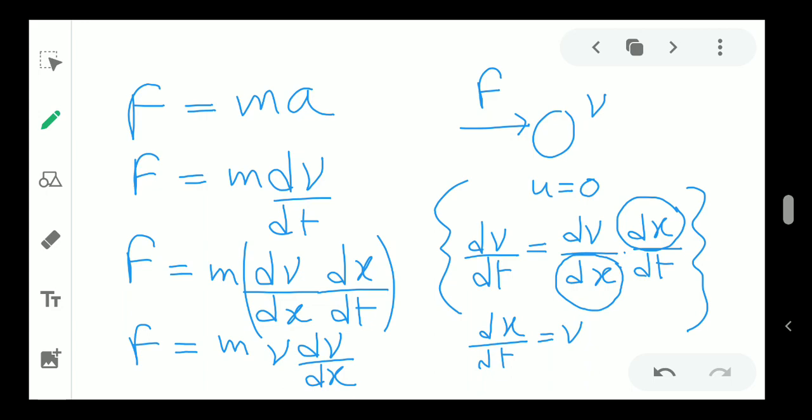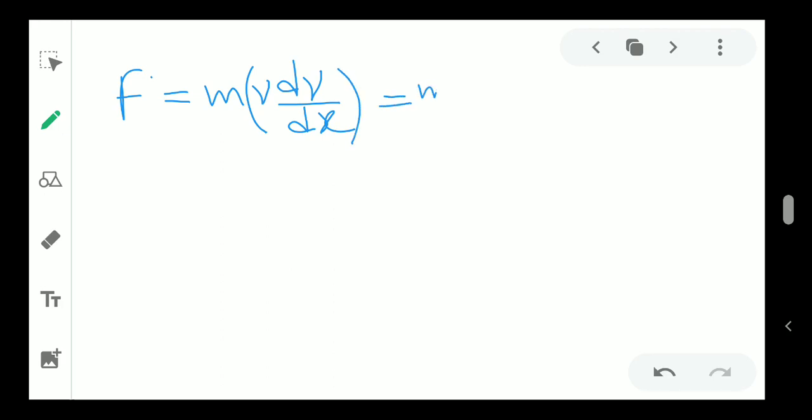Look at this carefully. So what we have got right now is that force is equal to mass into v dv by dx. This term is nothing but your acceleration, v dv by dx.